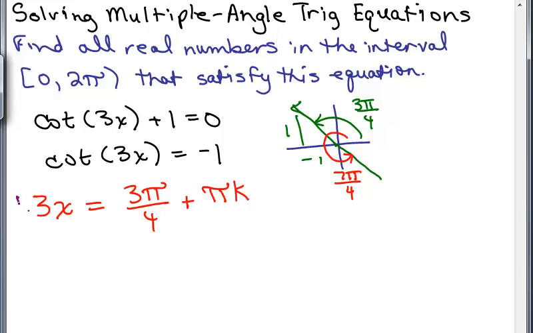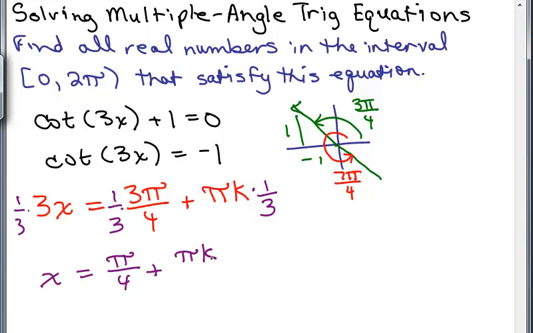So I multiply by 1/3, multiply by 1/3, multiply by 1/3, and then we don't have a complex fraction. So this says x equals pi over 4 plus pi k over 3.